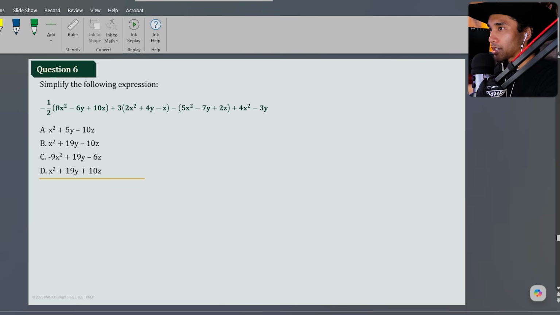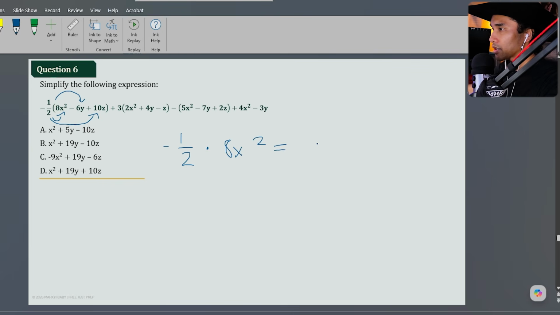Let's go ahead and start with the first parentheses over here. So I have negative 1/2, and then we're going to multiply that to these terms right here. And when you multiply by a fraction, it's going to look like this. Let's just use the first term here. Negative 1/2 times 8x squared.